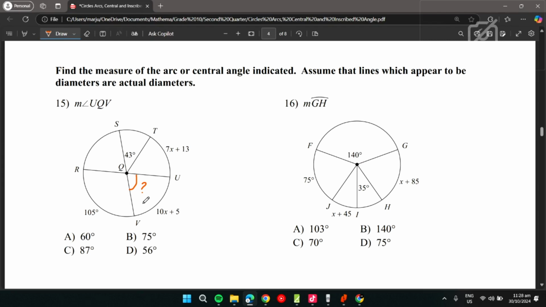So, ano yung gagawin natin? Wala pong 85 sa choices natin. Sean, kindly recheck your solution.